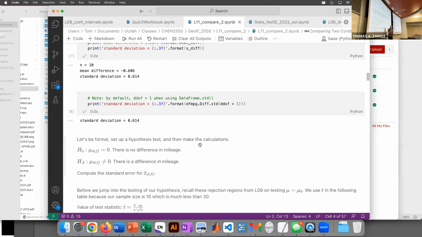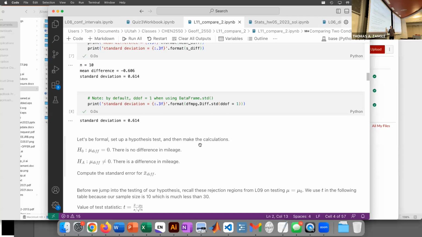The biggest difference is that, if you remember last lecture, I showed my hastily drawn sketches of the underlying distributions. When we're making a claim of one thing greater or less than the other, we're out on one tail or the other of the distribution. If we're far enough in that tail, then we reject the claim.